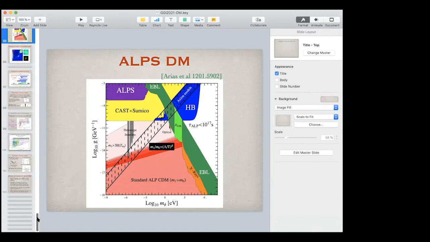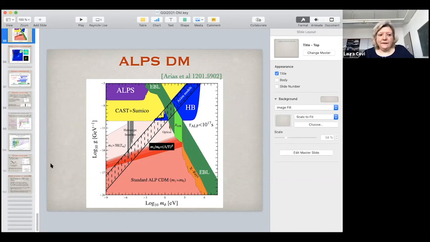Okay. One more question: is the axion the only way to solve the neutron electric dipole moment problem, or are there any other possibilities? Well, it is probably the only one which we have at the moment. There is the other solution, which would be, as I said, a zero mass quark, which is now excluded by lattice computation.